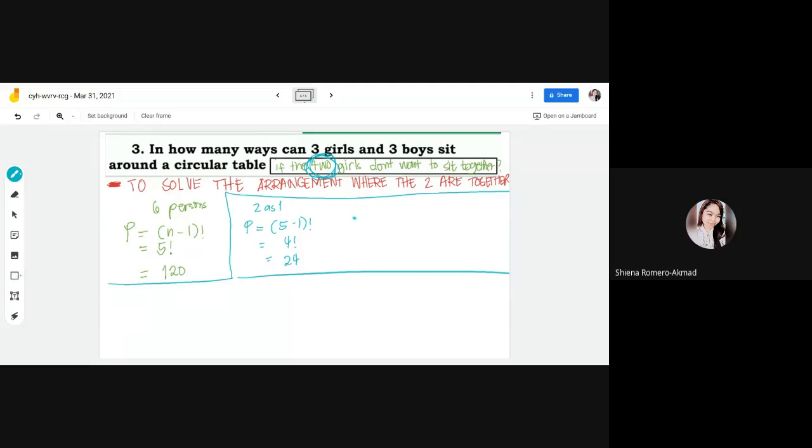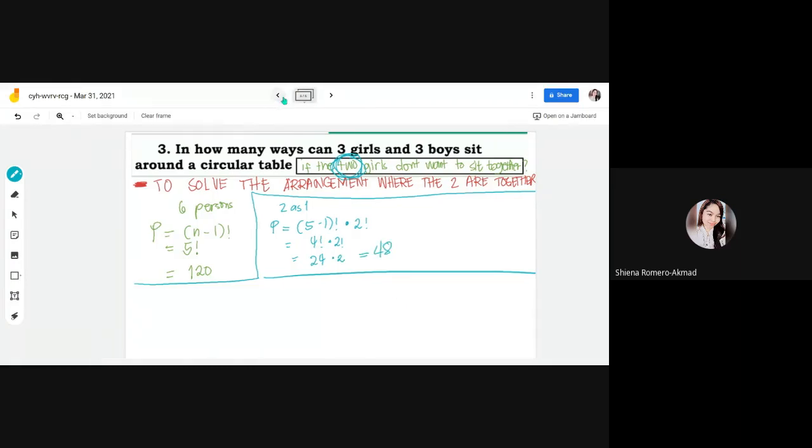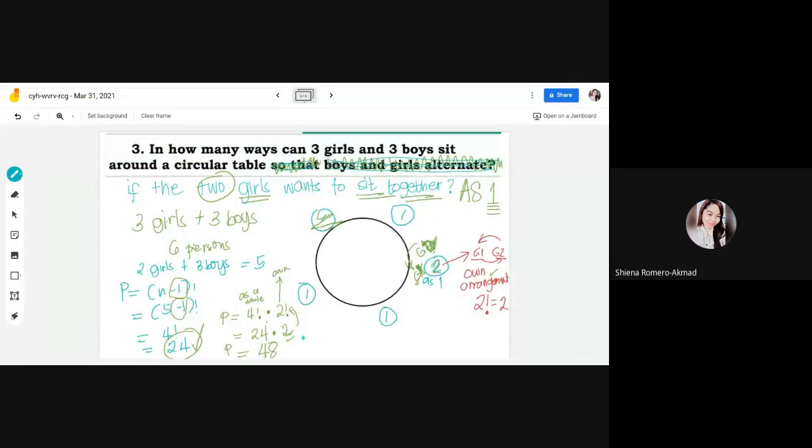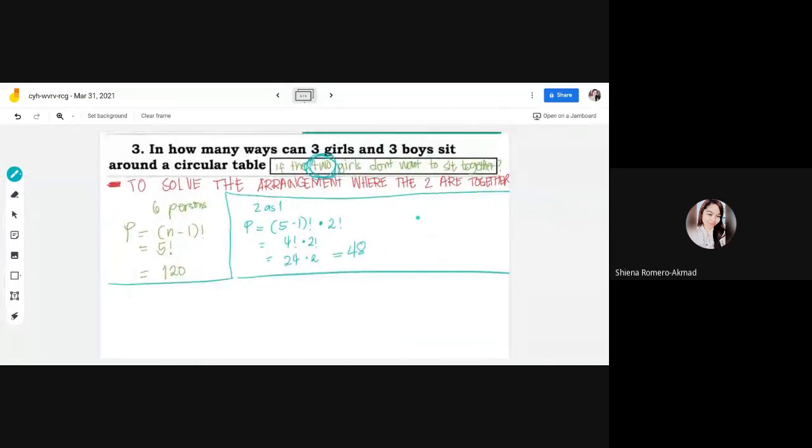And dahil magkatabi silang dalawa, meron silang sariling arrangement. And that's 2 factorial times 2 factorial times 2, which is 48. At yun yung nandito. Right? Ito yun. So, dito, 2 wants to sit together.